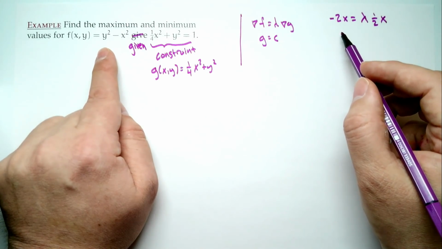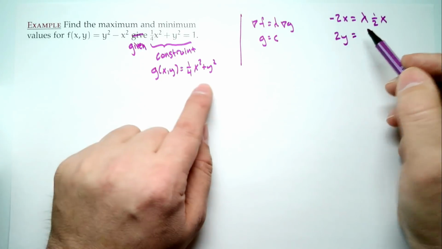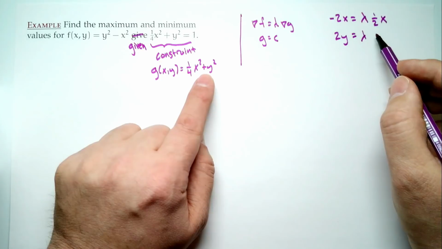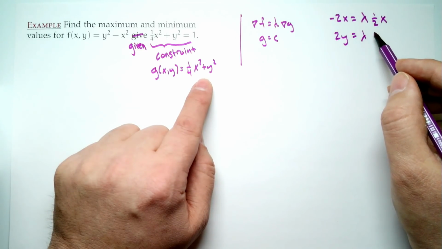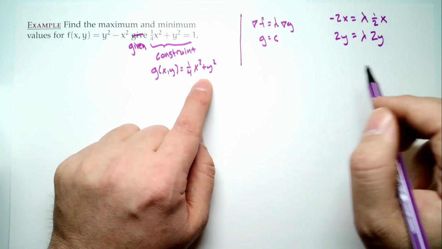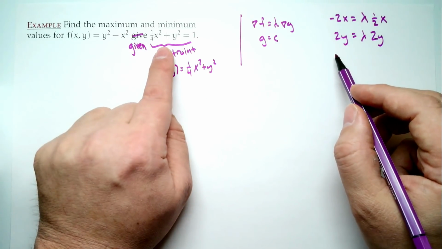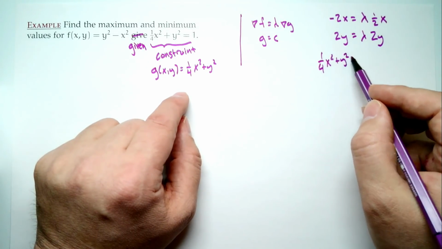Derivative of f with respect to y, 2y, is equal to lambda times the derivative of g with respect to y, just 2y. Good. And then the last equation is the constraint. 1/4 x squared plus y squared equals 1.